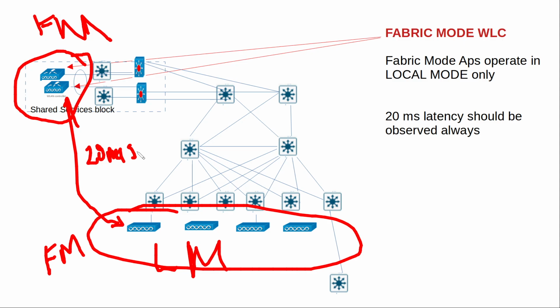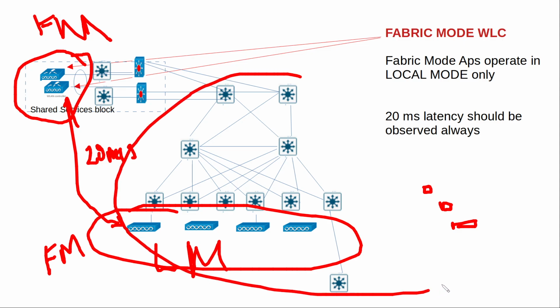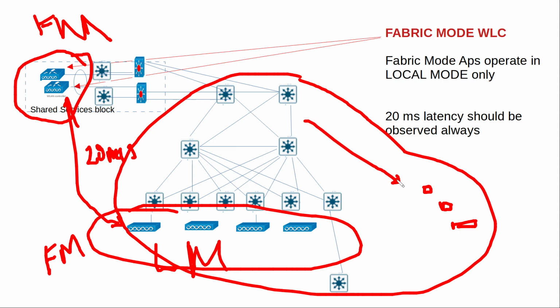There is the possibility to manage remote access points if you extend your fabric to another building. That could be remotely possible if you could have a wide area connection that offers you 20 milliseconds of latency.